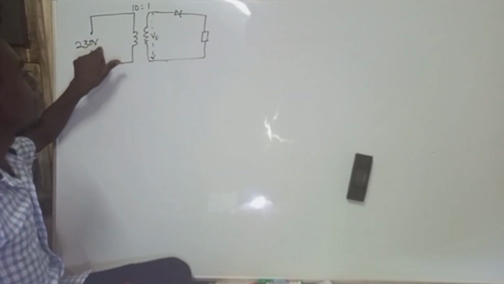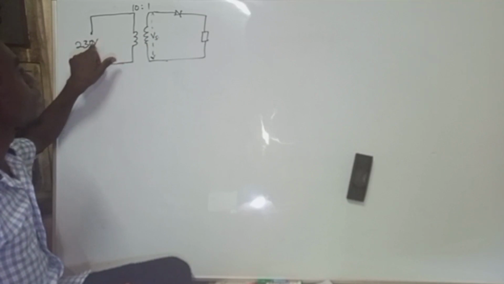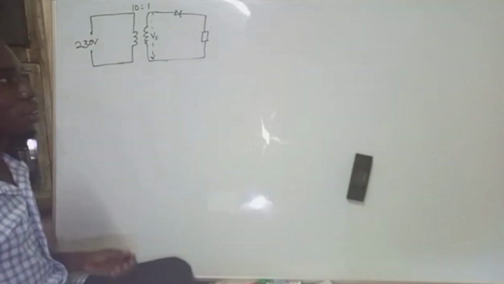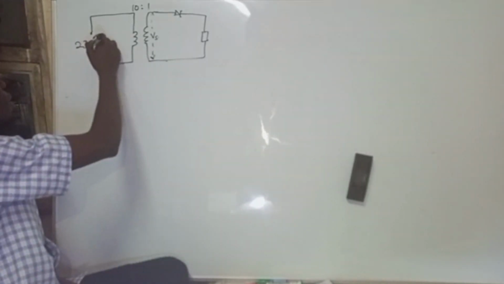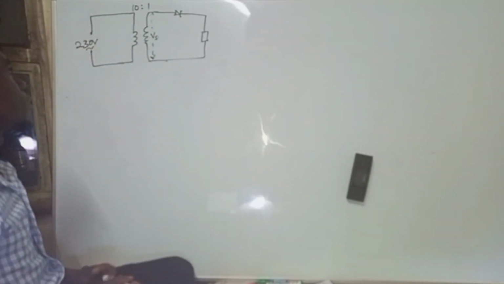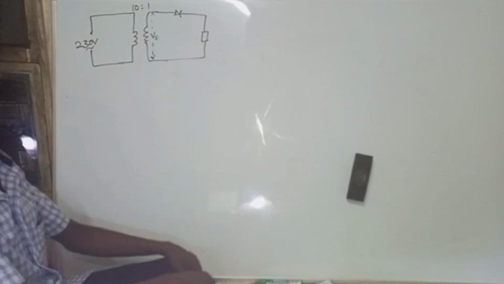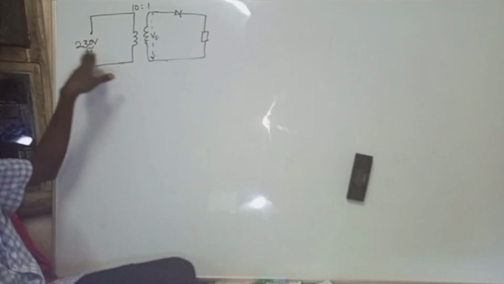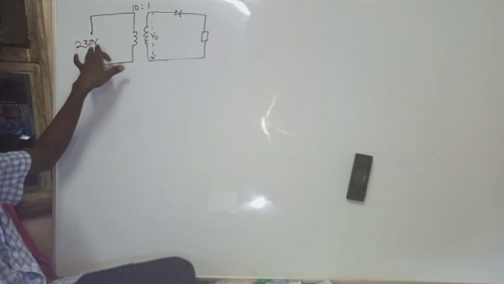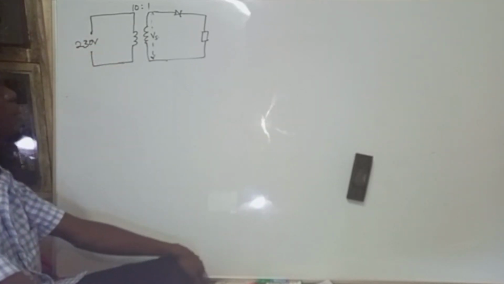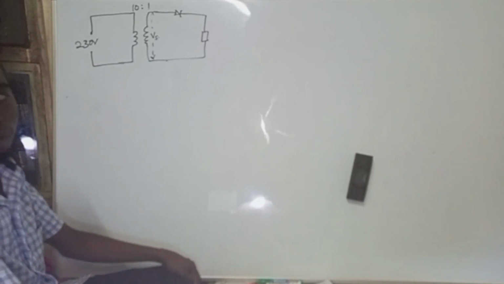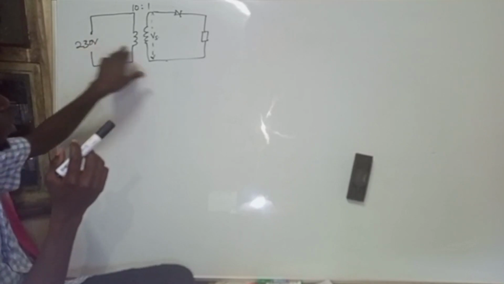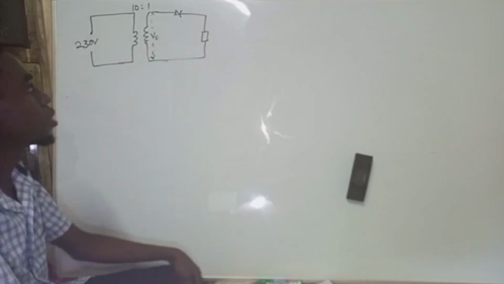Remember the values they have given us here are root mean square values, because when we were doing power systems last time, we said when they don't mention maximum voltage, you know that it is the root mean square value. So similarly, even here, we shall consider this 230 to be the root mean square value.